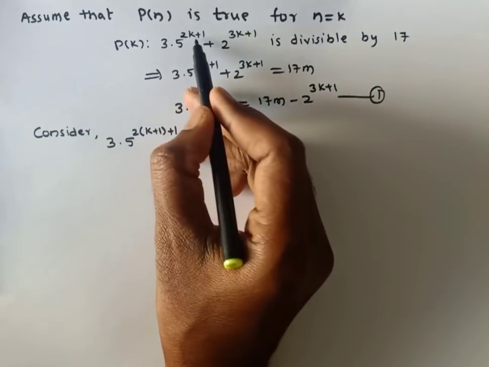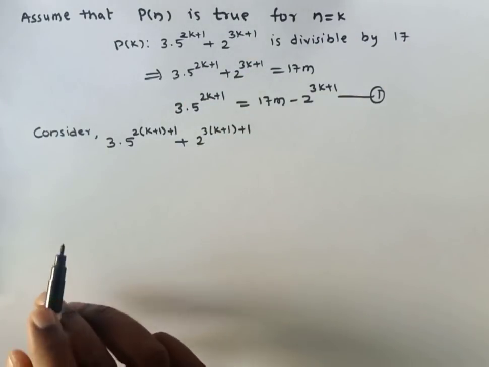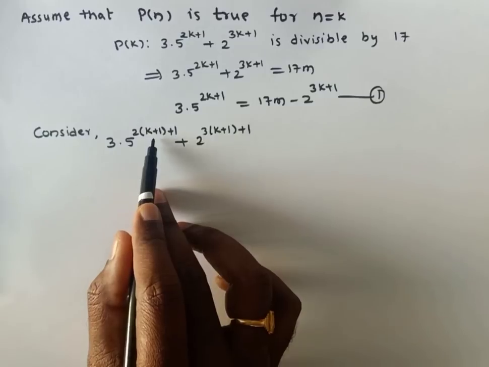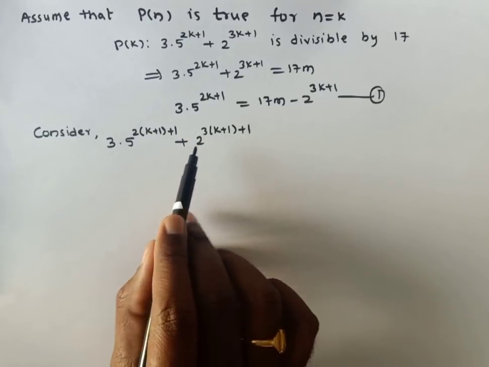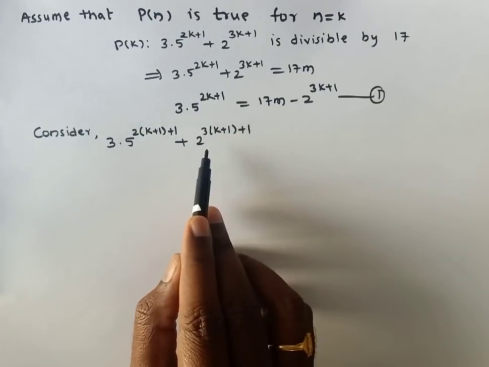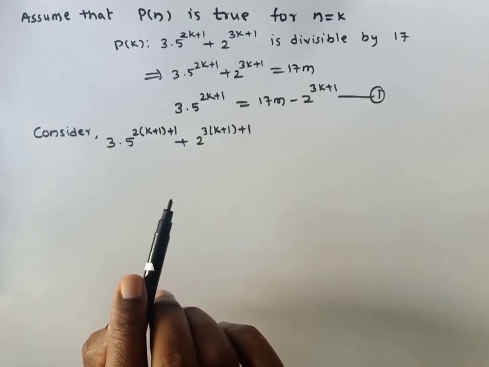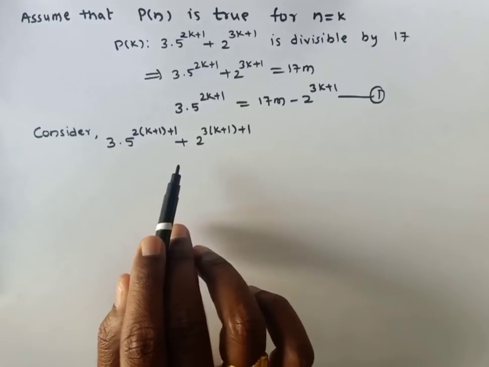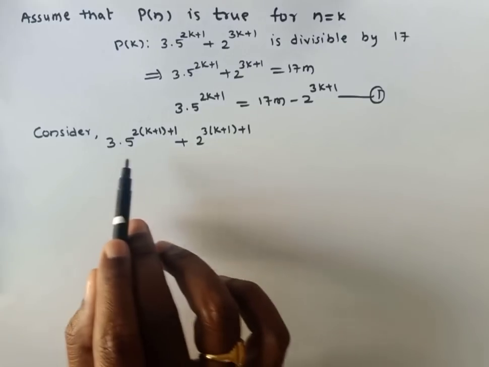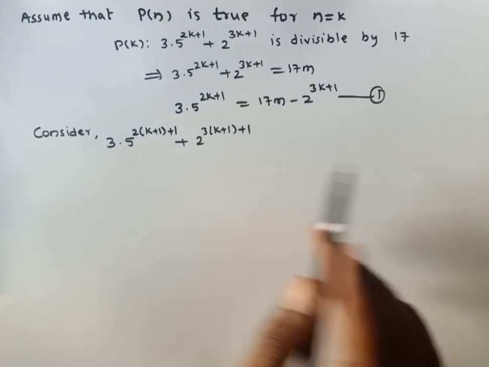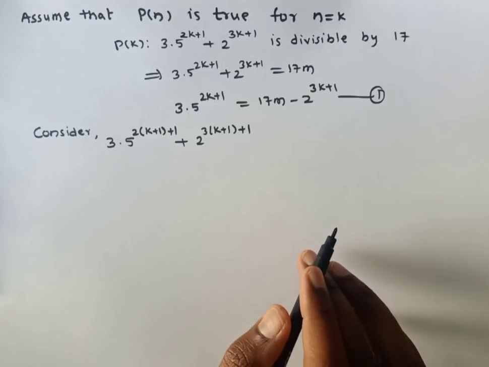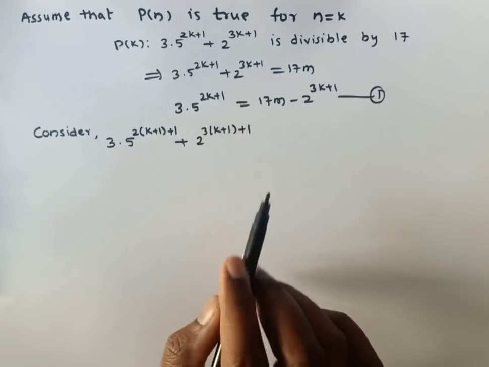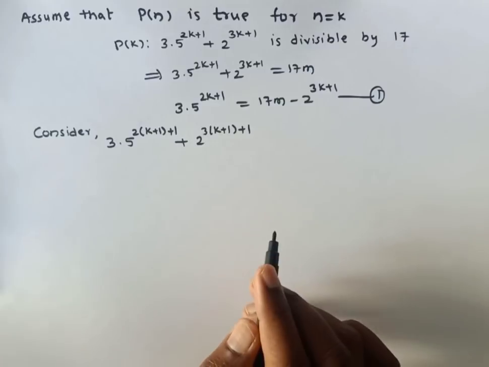After replacing k with k plus 1, we need to show this entire number is divisible by 17. Instead of showing that, we need to express this number as 17 into some constant, so try to convert this number into multiples of 17.